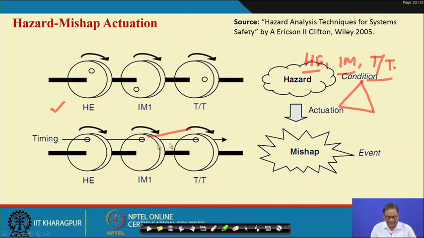When they are aligned, you see the timing is very important. There is a particular time when all those things align, and it leads to an accident, and this is the actuation. So, this is nothing but another way of explaining the hazard mishap actuation.